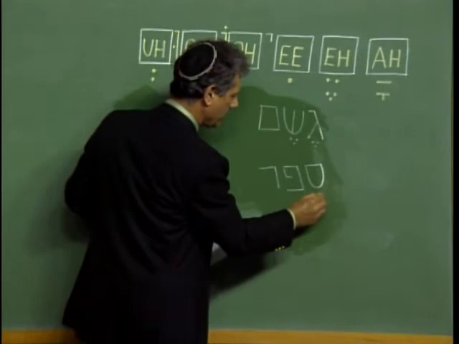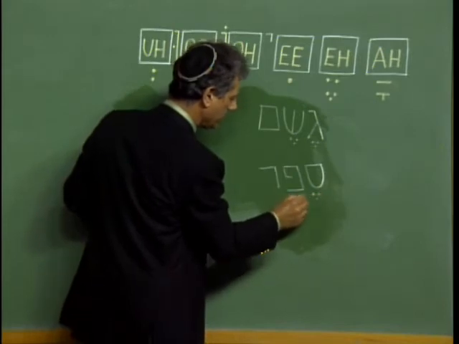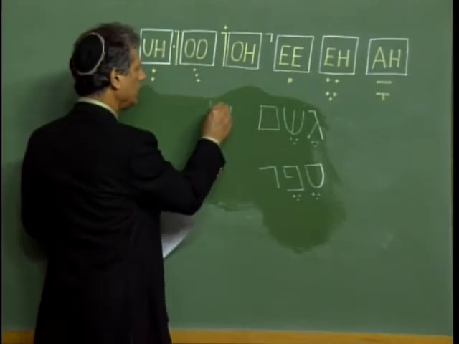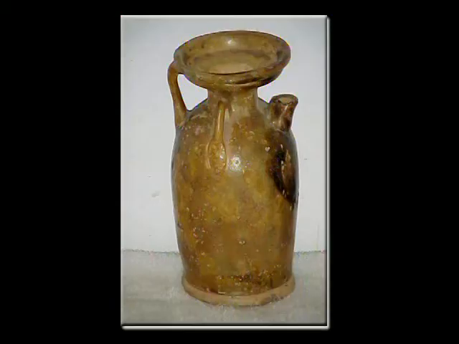Here is the sound of A, Sefer, book. Here is Shemen, oil. Shemen is a Shin, Mem, A sound, Shemen, which is oil.